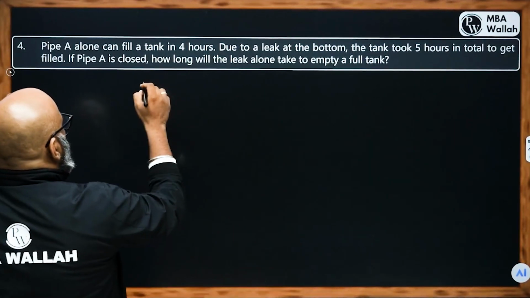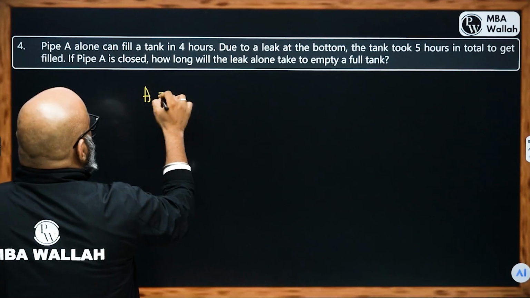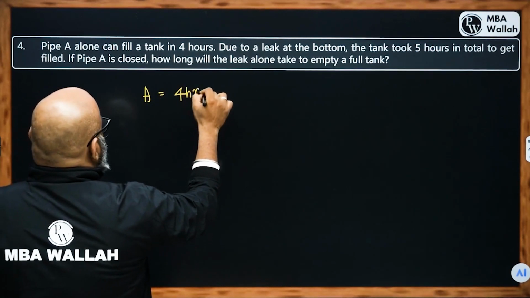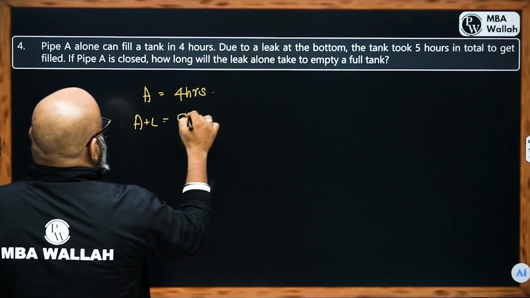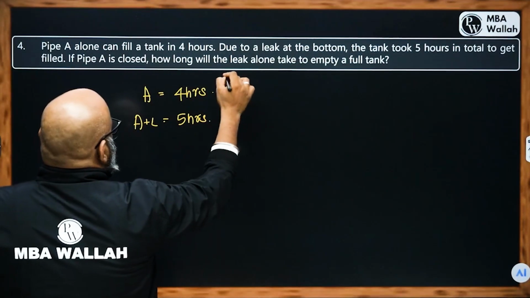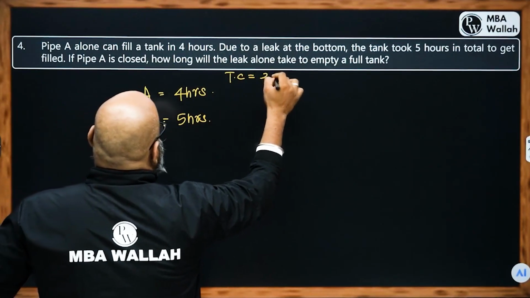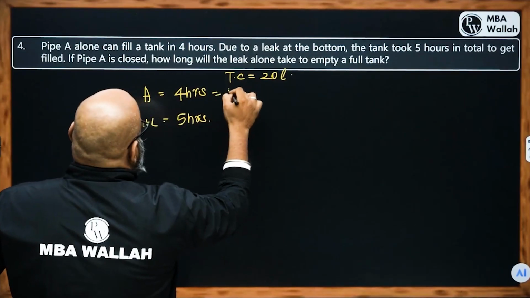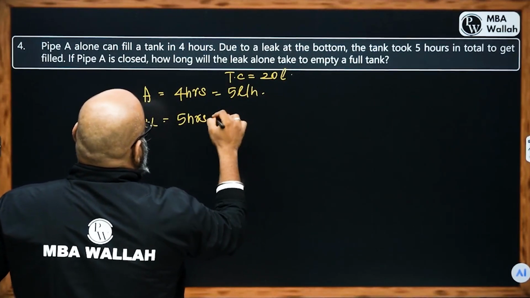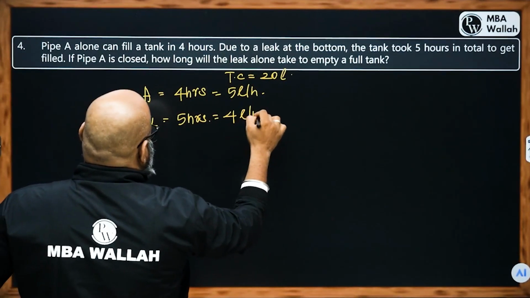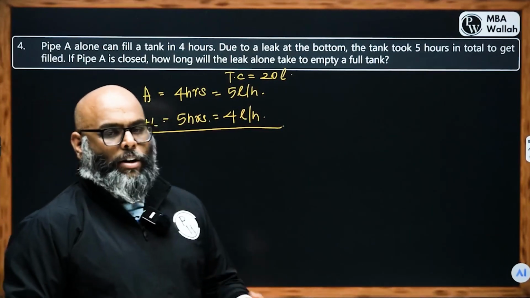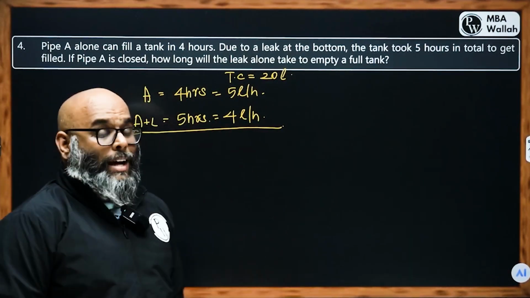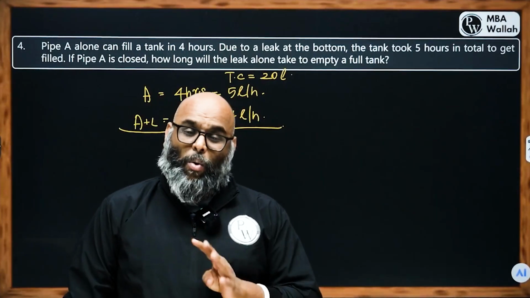So pipe A alone would have taken only 4 hours. But A with a leak has taken 5 hours. Total capacity is 20 liters. So it will be 5 liters per hour for A alone, and 4 liters per hour with the leak. Now I notice that filling alone would have given me 5 liters, but along with the leak, it is giving me only 4 liters.